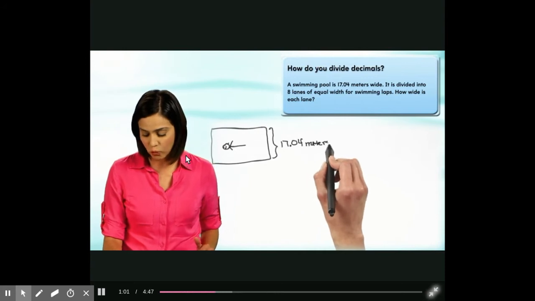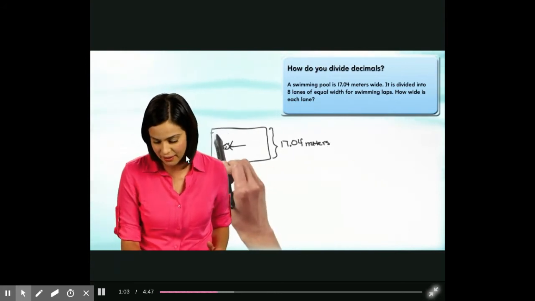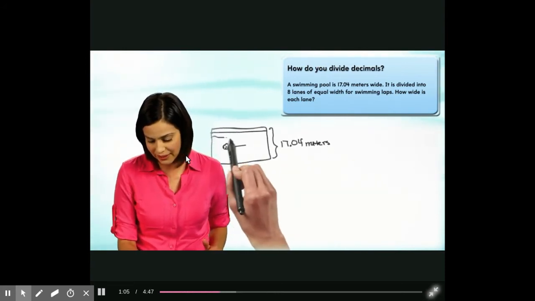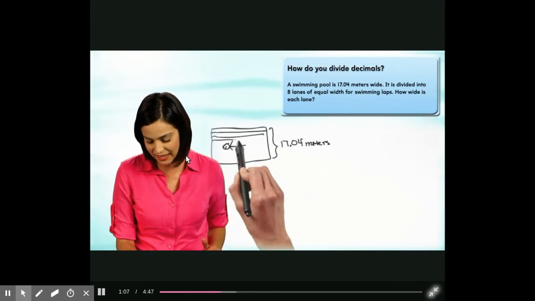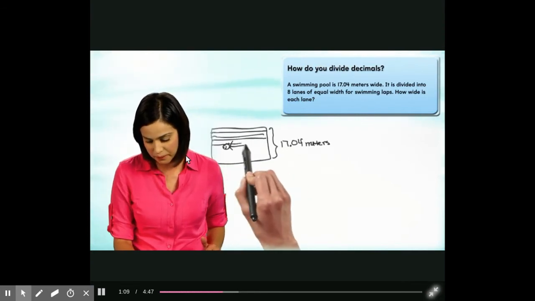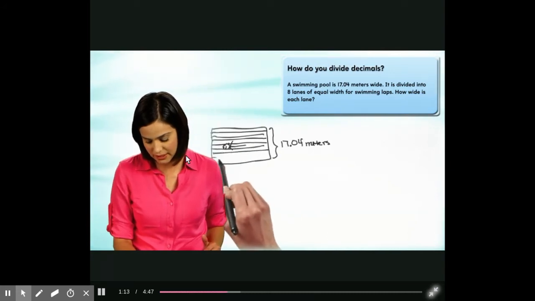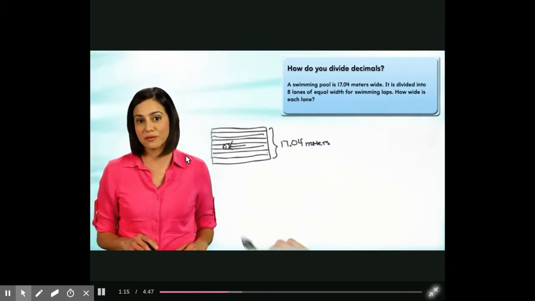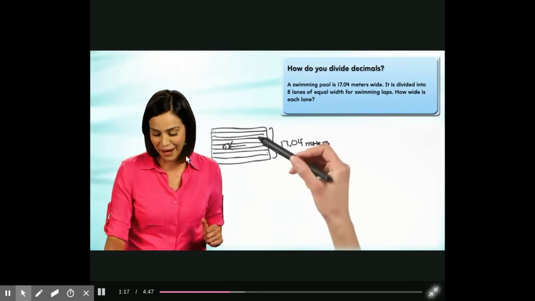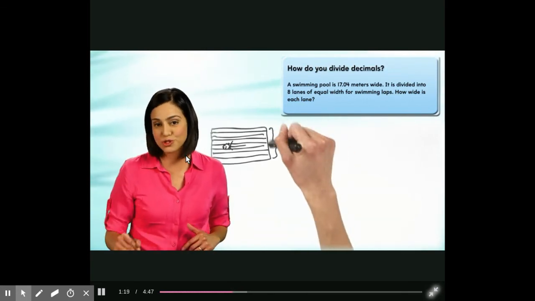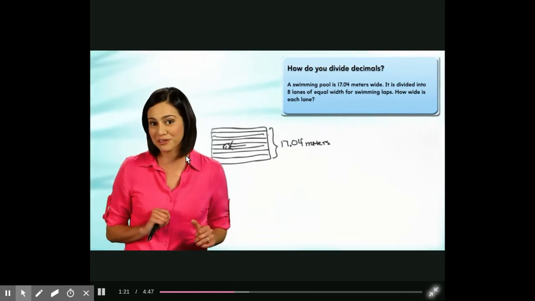And we want to divide our pool into 8 lanes of equal parts. 1, 2, 3, 4, 5, 6, 7, 8. Okay, I know they don't look equal, but it's hard to draw them equal, so I hope you can do a better job than I'm doing.